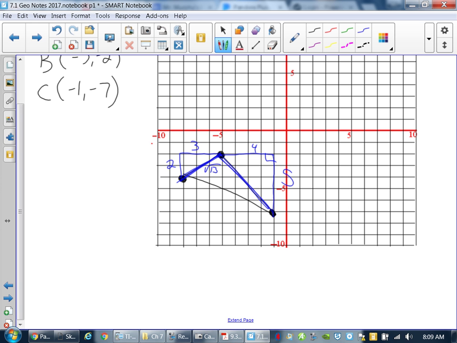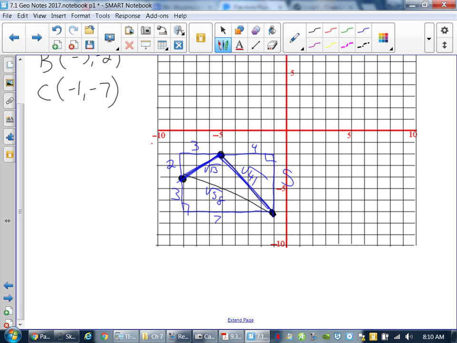That means the hypotenuse is the square root of 41. Lastly, I went over 1, 2, 3, 4, 5, 6, 7 and up 1, 2, 3. So 7 squared, 49, plus 3 squared, 9, is 58.